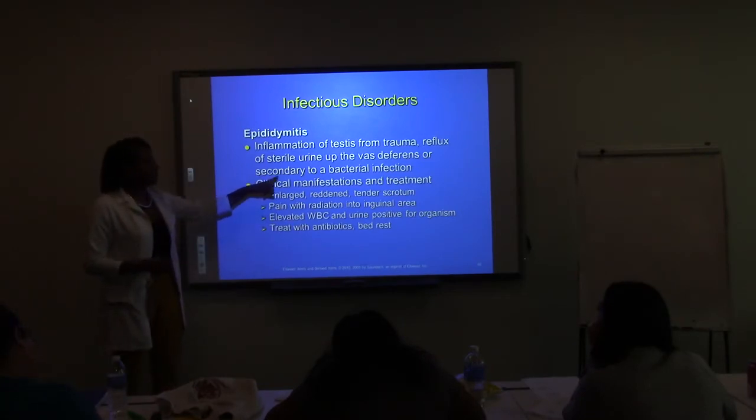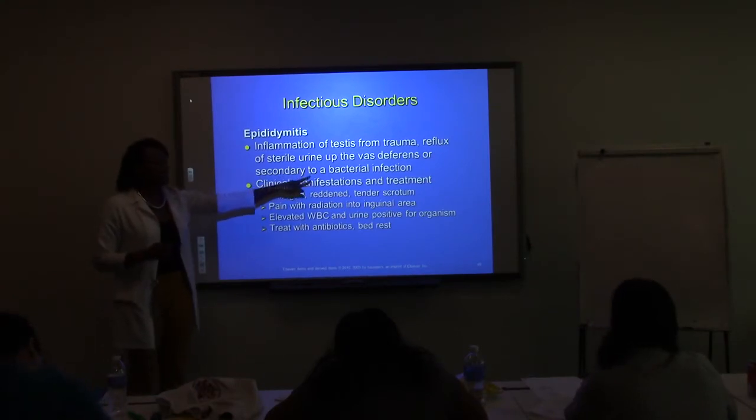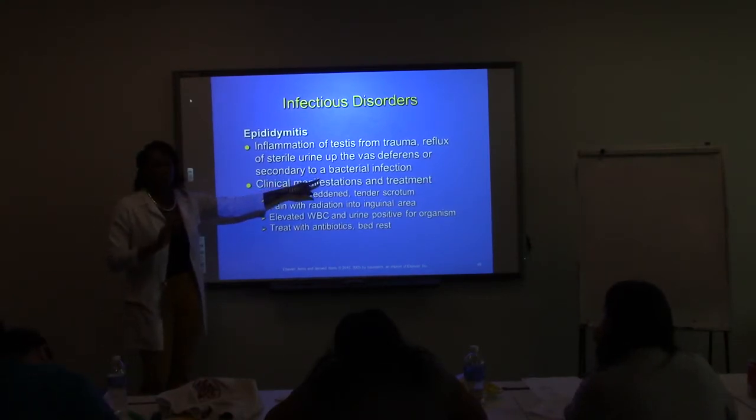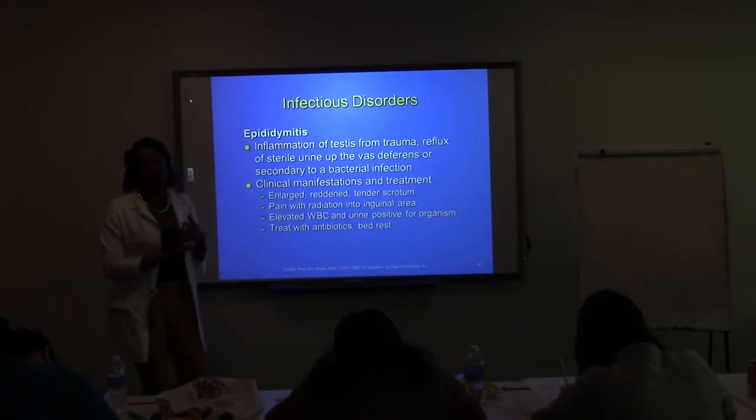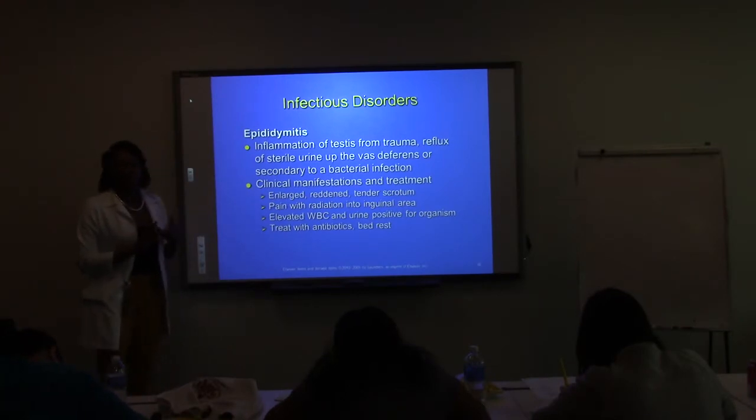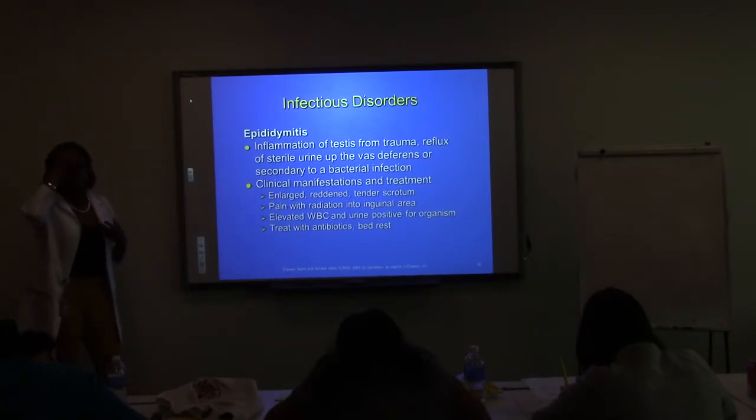Another way that patients can get epididymitis is from bacterial infections. In particular, the bacterial infections we're talking about here are the bacterial type STDs. So if you want to jot down chlamydia and gonorrhea. Chlamydia and gonorrhea can cause a possible epididymitis.